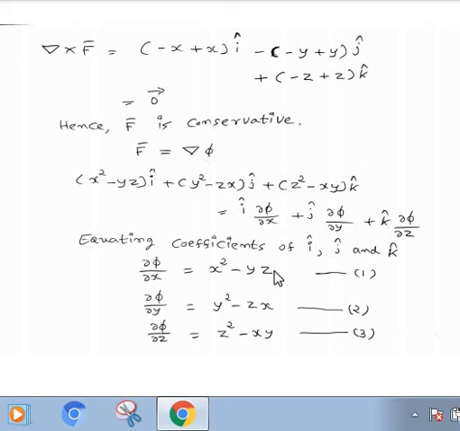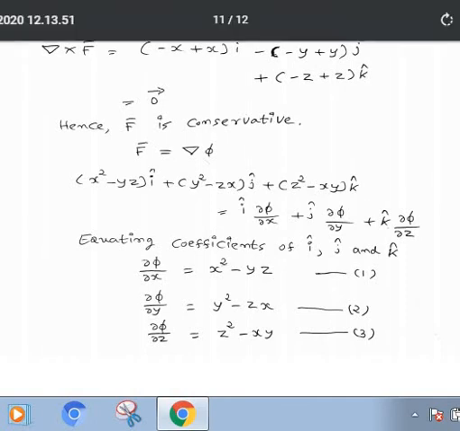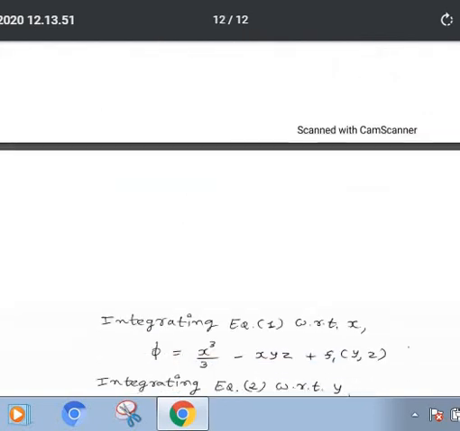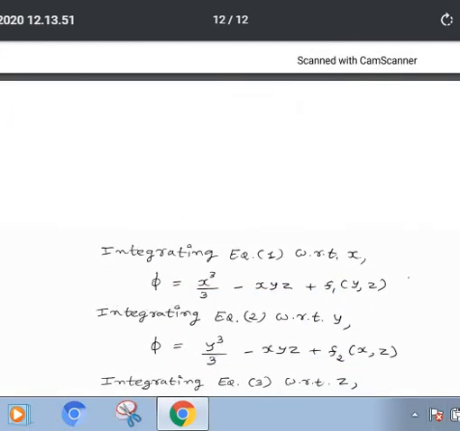So the integration of 1 with respect to x, the result is x. So it will become minus xyz. And plus, we have to write a function of y, z, because yz is constant over here. You can see the result I have written over here: phi equals x cubed by 3 minus xyz plus function of yz.